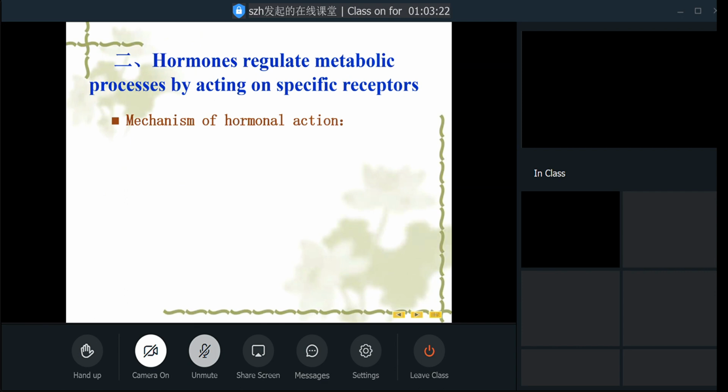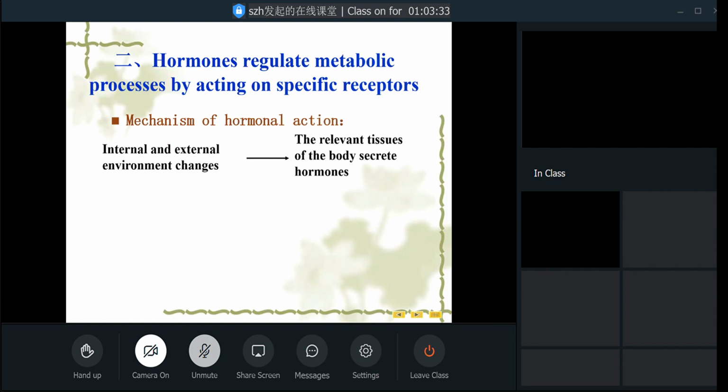Second, hormones regulate the metabolic process by acting on specific receptors. Hormones, as you studied in cell biology and physiology: when the environment changes, the relevant tissue of the body secretes hormones.